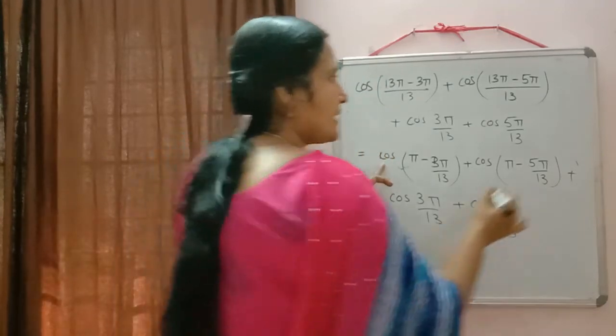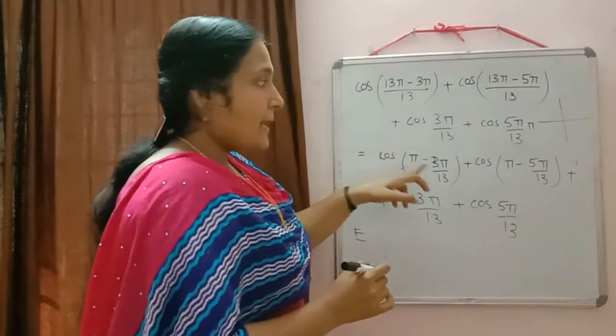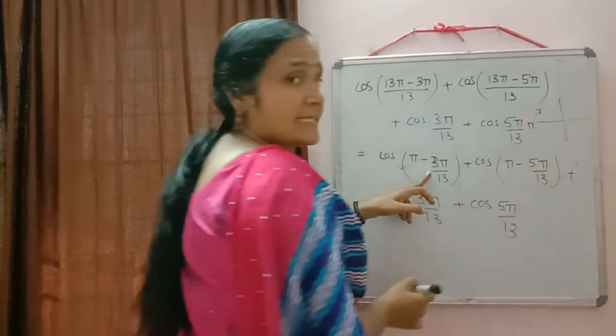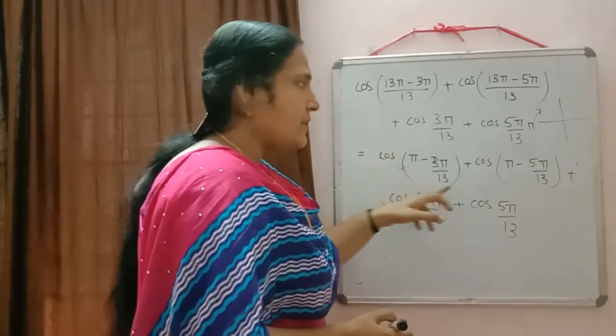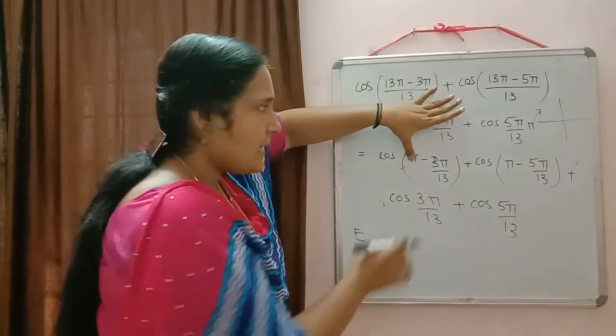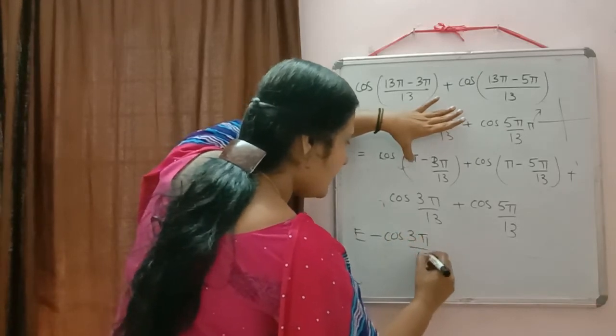Now here, just to check, this is pi. Pi minus something we are doing. So where will we go? We'll go to the second quadrant. And in the second quadrant cos is negative. So remove this pi, the remaining angle will come. So minus cos 3 pi by 13.